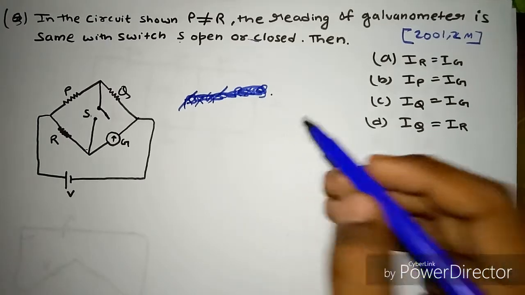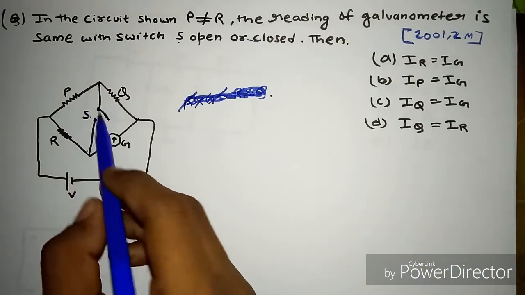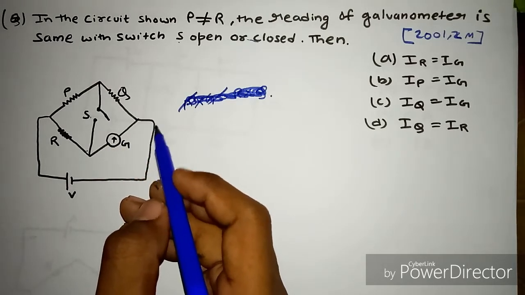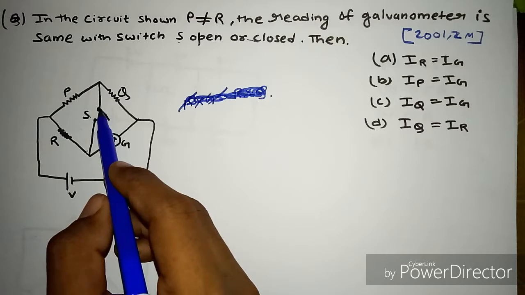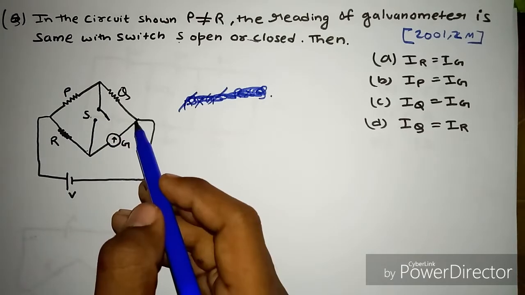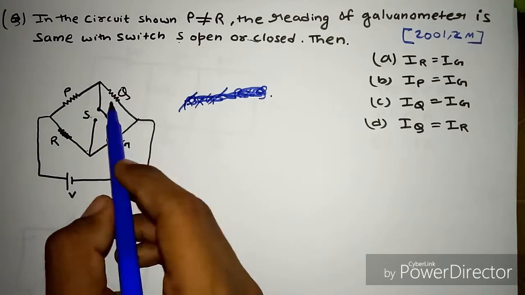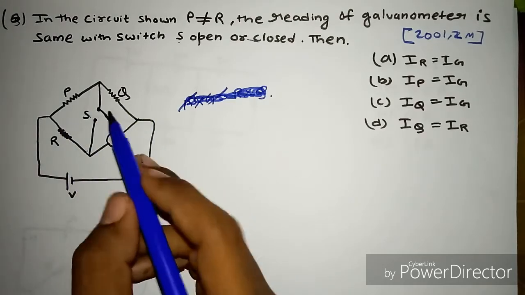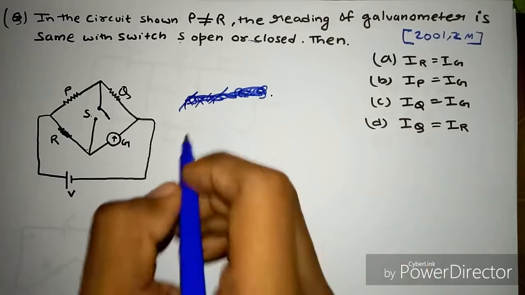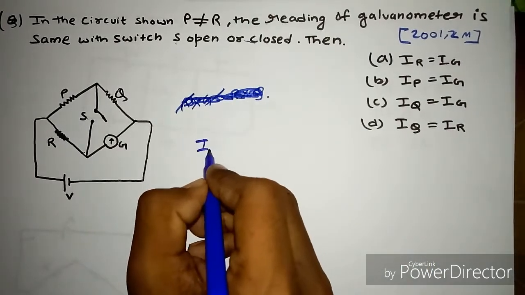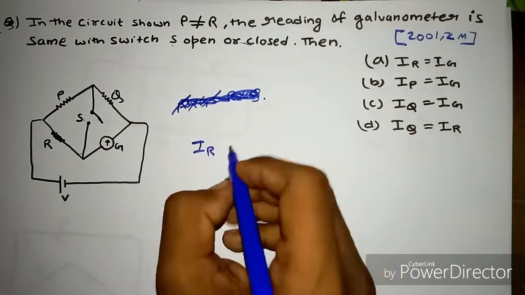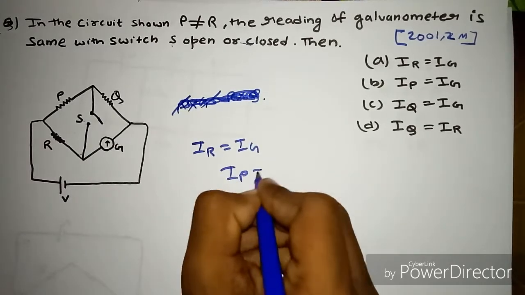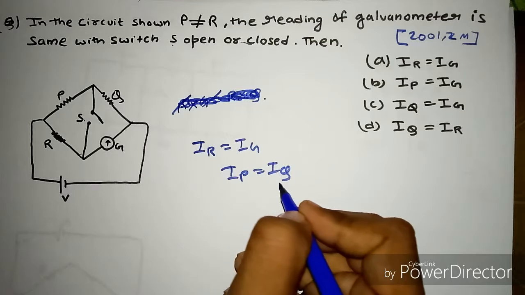So as there is no change in the reading of the galvanometer with switch open or closed, it implies that this Wheatstone bridge is balanced. If it is a balanced Wheatstone bridge, then current in R equals current in G, and current in P equals current in Q.